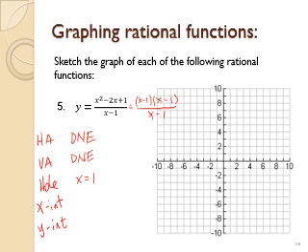Okay, well, what about the x-intercept? The x-intercept is going to occur when the y-coordinate is 0. That means we need the numerator to equal 0. The numerator will equal 0 when x is 1. But you just said we had a hole at 1.